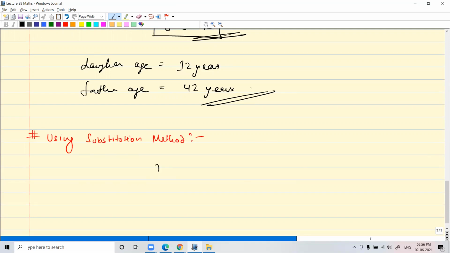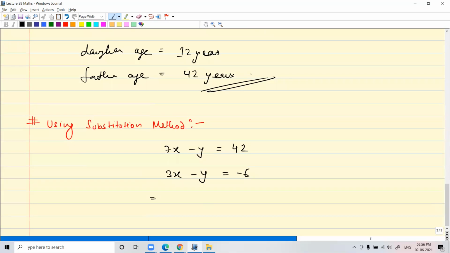Tell me, guys. 7x and 3x minus y is equal to minus 6, correct? So I will use the second equation and rewrite it. I will send y to the other side and bring 6 to the left-hand side. So it will become y is equal to 3x plus 6. Okay. Substitute this in the first one.